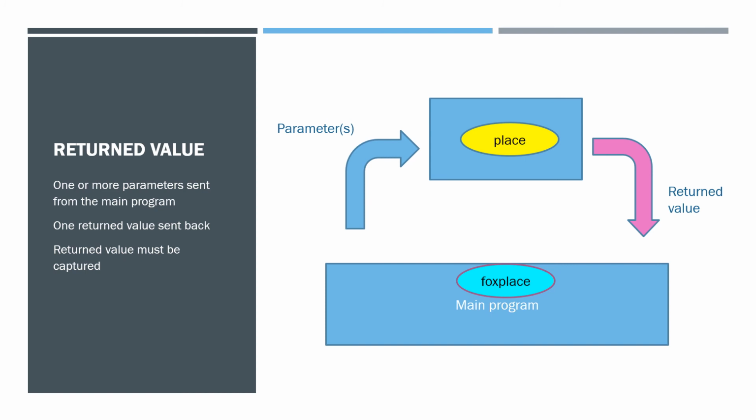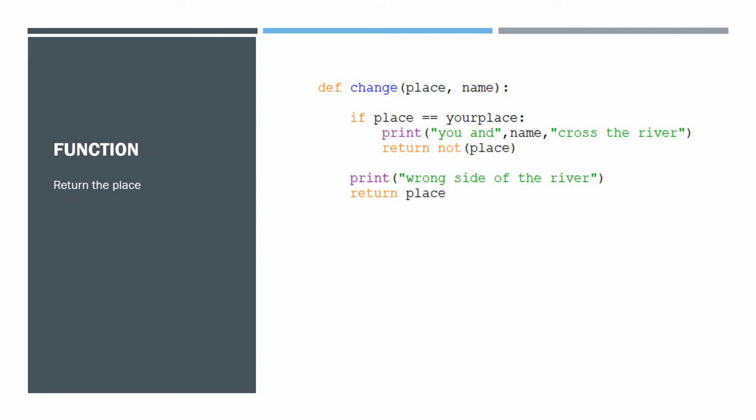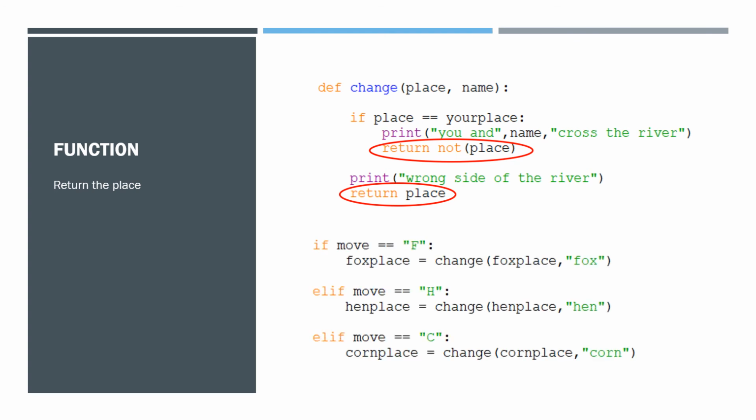So we're passing a parameter up, we're changing it, we're sending one returned value back, and that is captured in the main program. So in this instance, we're returning the place of the fox, either a different place or the same place, depending on whether we've managed to bring the fox across the river or not. And in the main program, we're recapturing those returned values as a new value for fox place, hen place, or corn place.